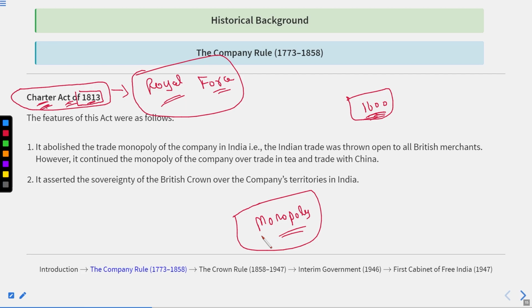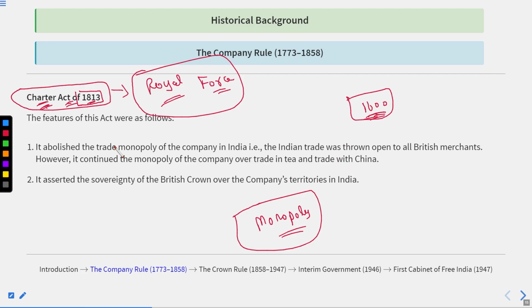All right, so that was the pressure created over the British government, as a result of which, in the Charter Act of 1830, because in the Charter Act of 1793 the trade monopoly was extended for up to 20 years, this trade monopoly was stopped, and that happened.